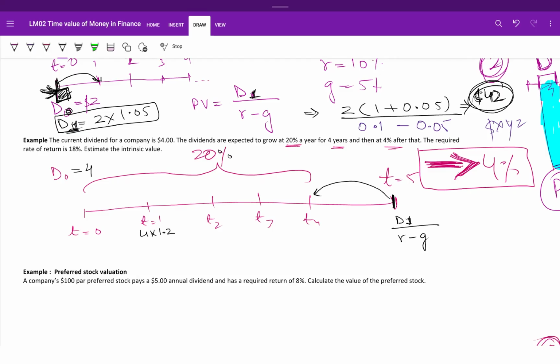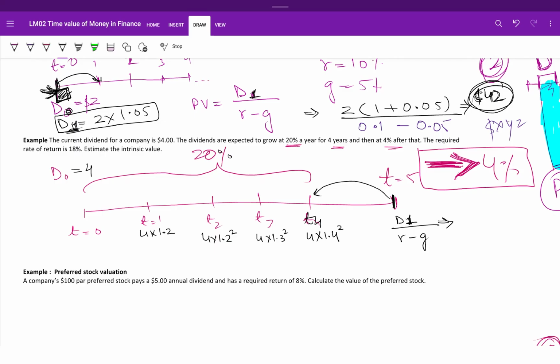At time 2, the company is going to pay 4 into 1.2 squared, then 4 into 1.3 squared, and 4 into 1.4 squared. This is going to be our D1 and D0 for our D1. From this point forward, we will use time 4 as a reference. So D0 is 4 into 4.